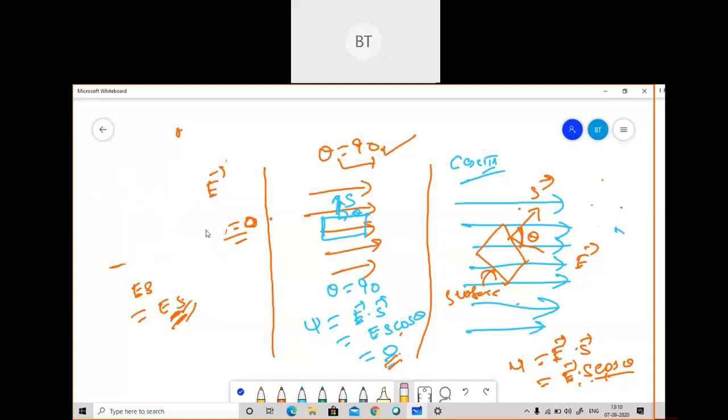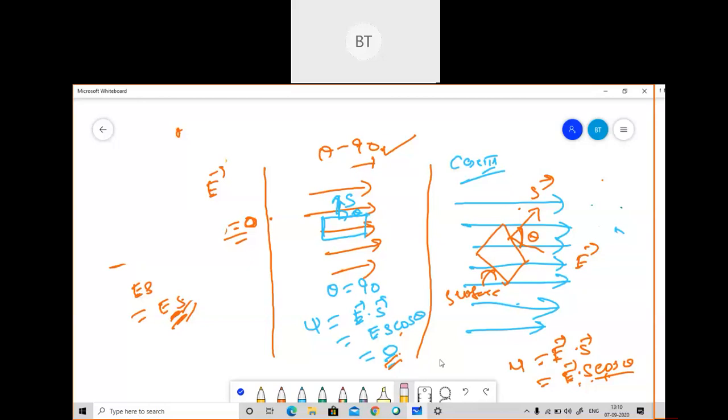In the uniform case, what we have done is we have taken three surfaces. One surface was perpendicular. The second case was the one in which theta was 90 degrees, and in the third case we have taken a surface at some angle. With those three examples, I have shown you that based on the theta angle only, the electric flux varies.